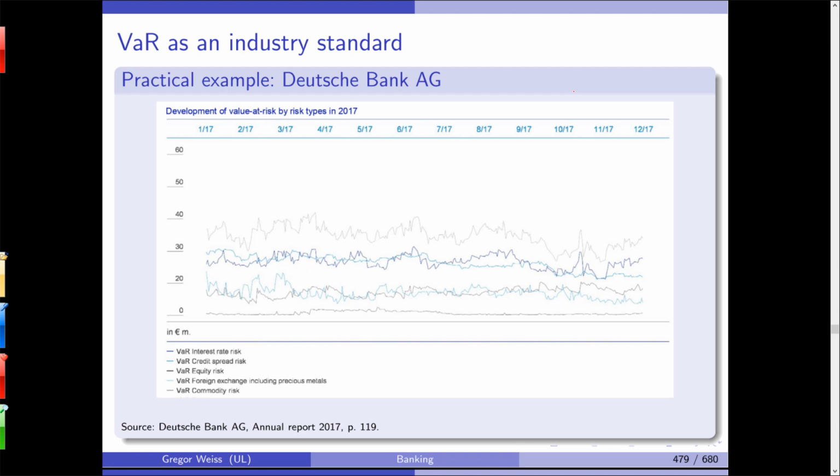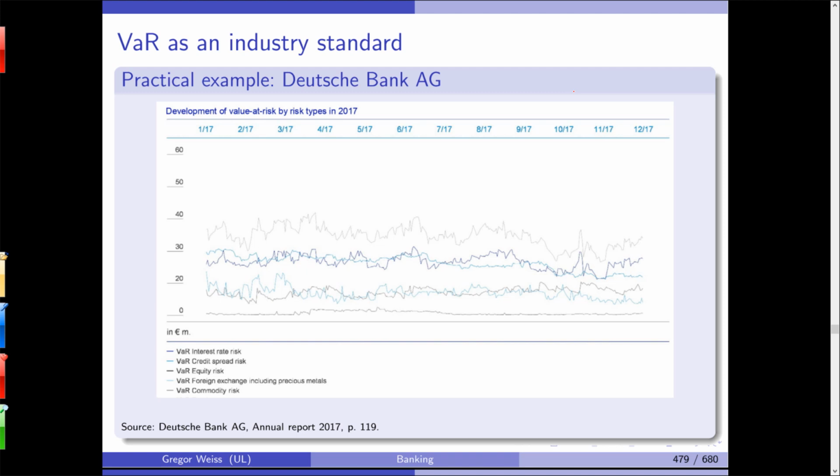What does it mean? It means that they estimated a valued risk. Do they say, I guess it's 1%. They estimate a 1% valued risk over their whole trading portfolio in, let's say, I guess this is foreign exchange, the uppermost one, 40 million. So they expect on the next trading day to have a valued risk, let's say at 1%, of about 40 million.